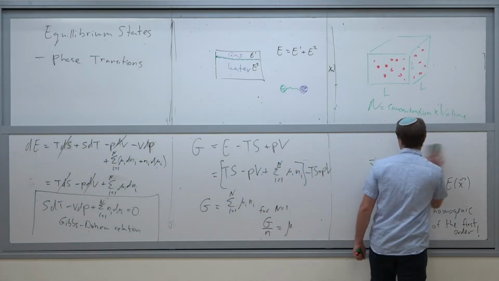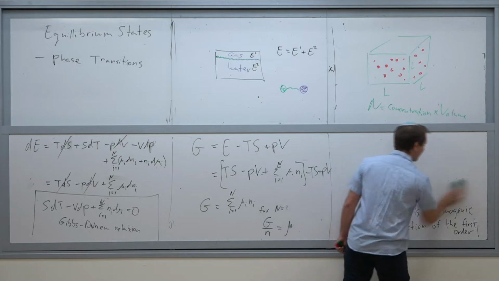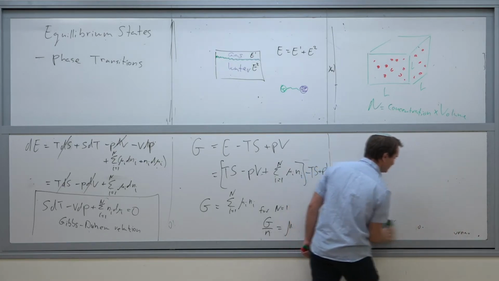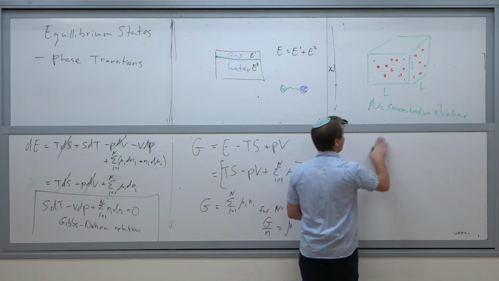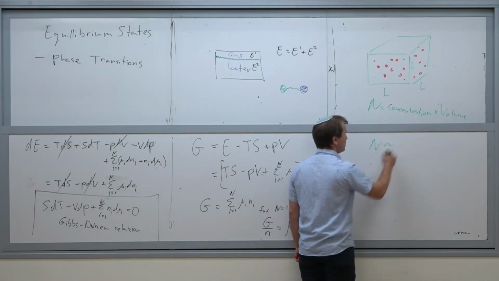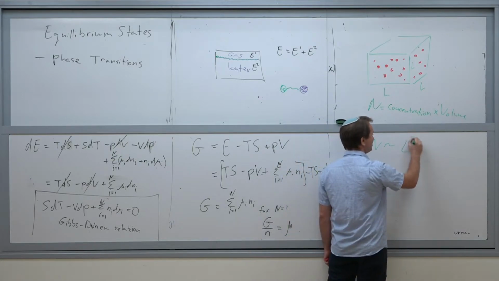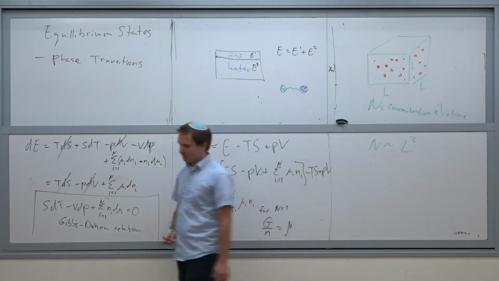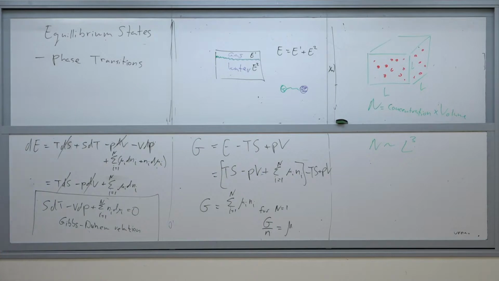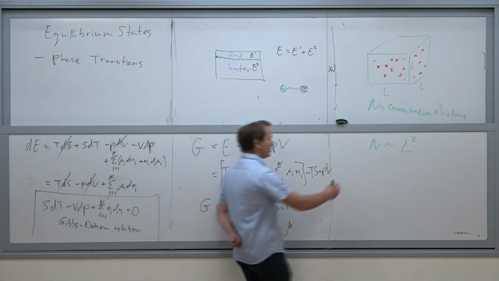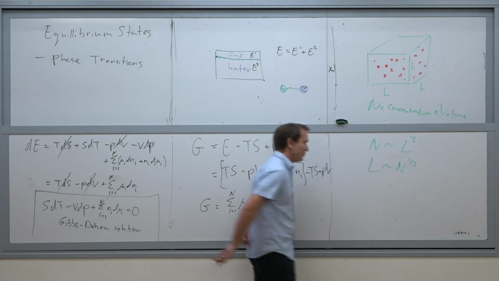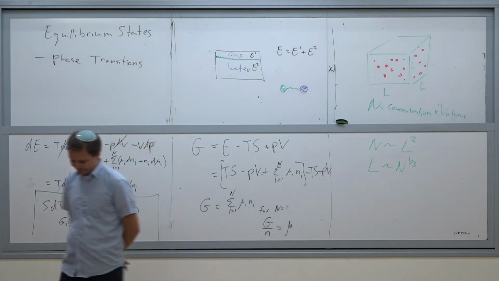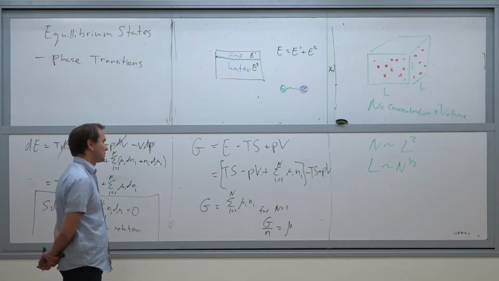So for a three-dimensional object, I know that the number of particles goes as L to the third power. So L goes as N to the 1/3.